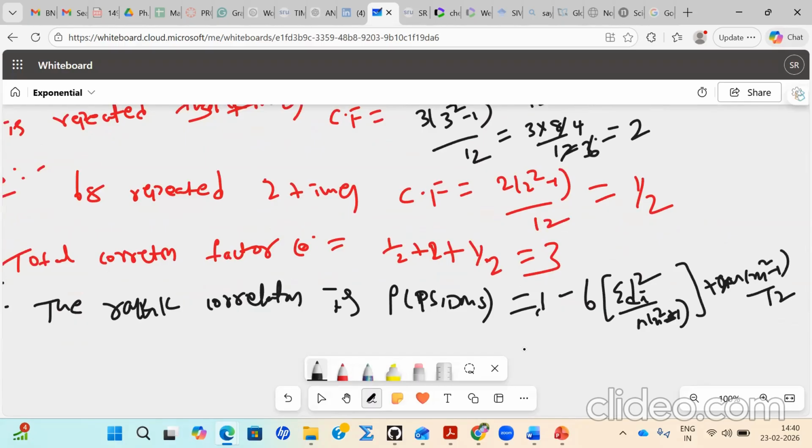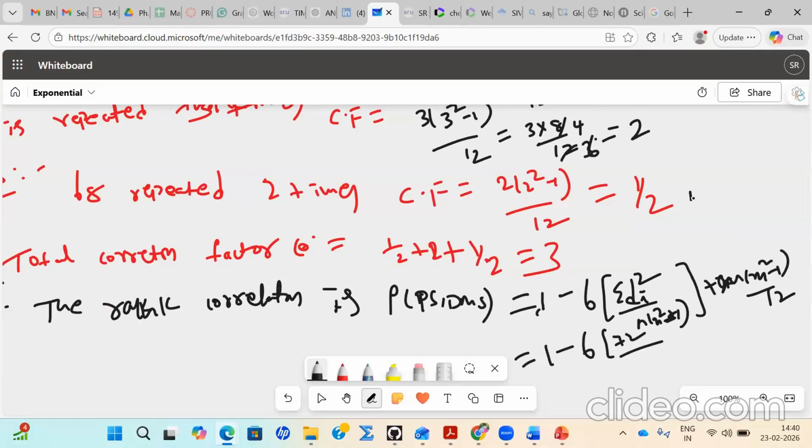Okay, so now 1 minus 6 into sigma dA square, which is 72, divided by n into n square minus 1. What is n? N is the number of observations. How many observations? Total 10. You have to take only the overall observations, not twice, only one time.